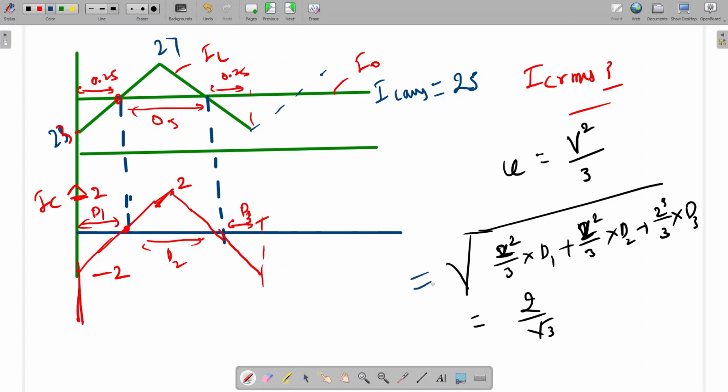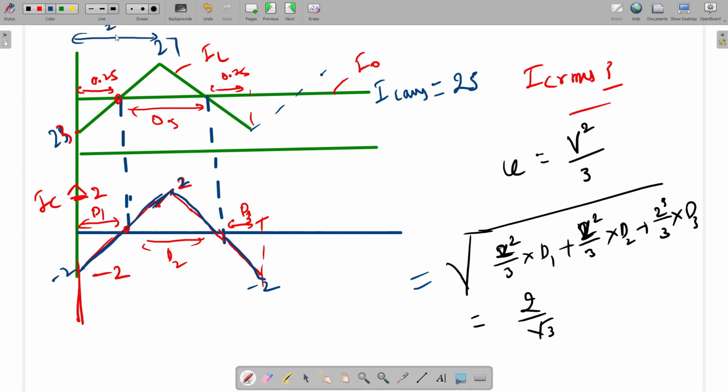Is it clear? I will explain again how we are getting this. So here we have three triangles. This is one triangle. This is another triangle. And this is the below one triangle. What is the magnitude of the triangle in all cases? This is 2. This is also minus 2. Here also minus 2. Okay. So this is the charging time, so 2 by 3.